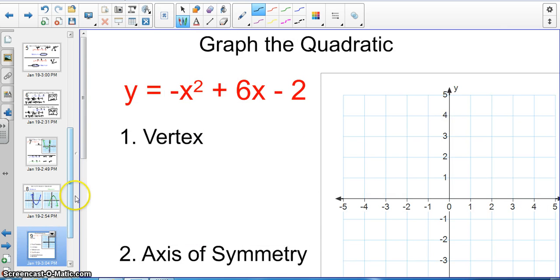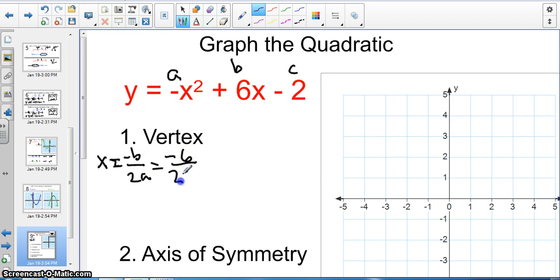Alright, now let's throw everything together. The first thing I'm going to do to graph a quadratic in standard form is label my numbers A, B, and C. Next, I'm going to use that negative b over 2a to find my x of my vertex. So negative b is 6, all over 2 times a.